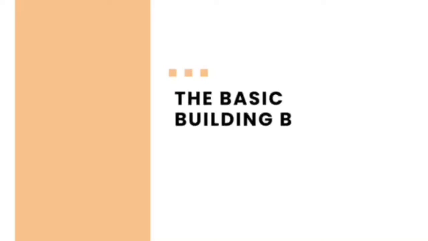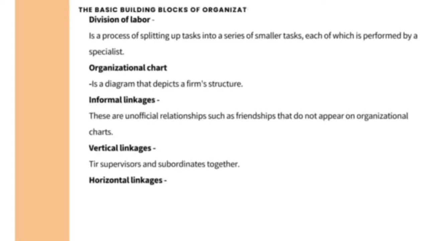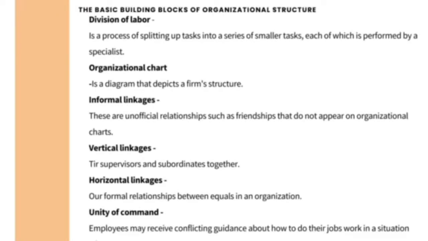And now, let's proceed to the basic building blocks of organizational structure. First, division of labor. Division of labor coordinates different tasks and the people who perform them. Creating a structure that effectively coordinates a firm's activities increases the firm's likelihood of success.